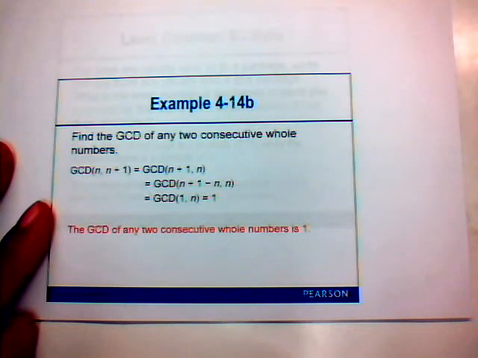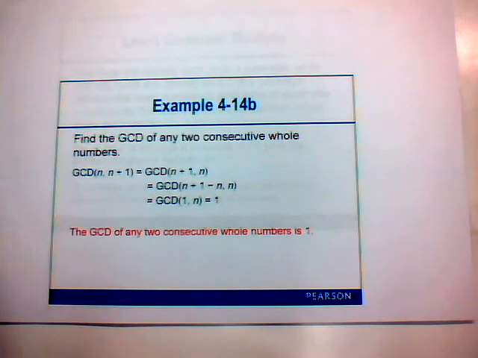Okay. Another example is to find the GCD of any 2 consecutive whole numbers. Let's see, the GCD of n and the next consecutive whole number, n plus 1. If you take n plus 1 minus n, that will be 1, and then you have the GCD of 1 and n, which is 1.